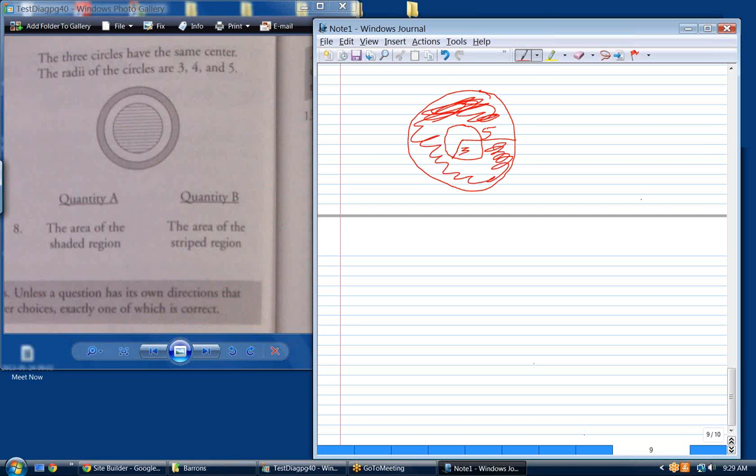This is a typical shaded region problem. Typically, shaded region problems are almost always solved by subtraction. We don't have any formulas to calculate this shaded region.